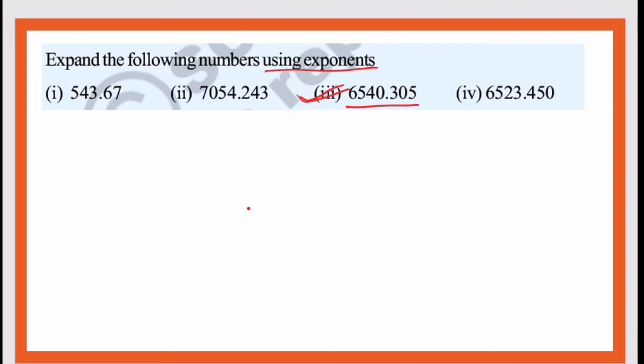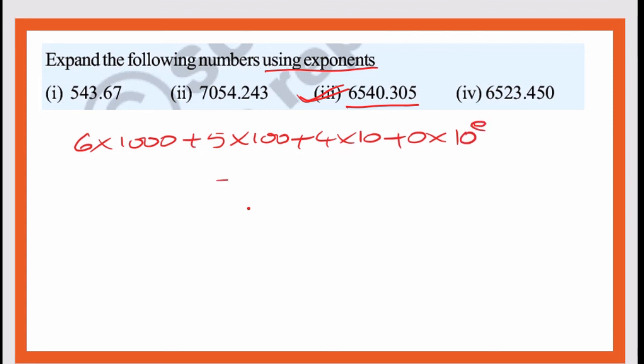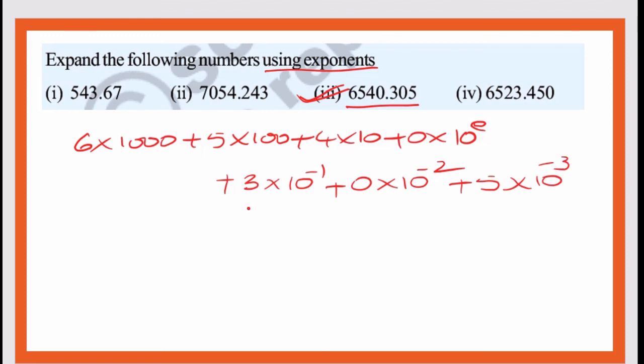Expanded form means 6 into 1000 plus 5 into 100 plus 4 into 10 plus 0 into 1, which is 10 power 0, plus 3 into 10 power minus 1 plus 0 into 10 power minus 2 plus 5 into 10 power minus 3. This is using exponents.